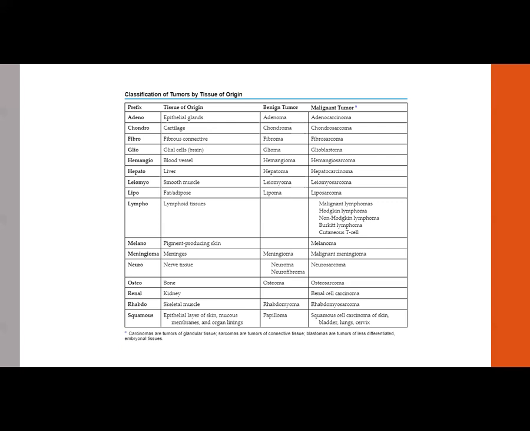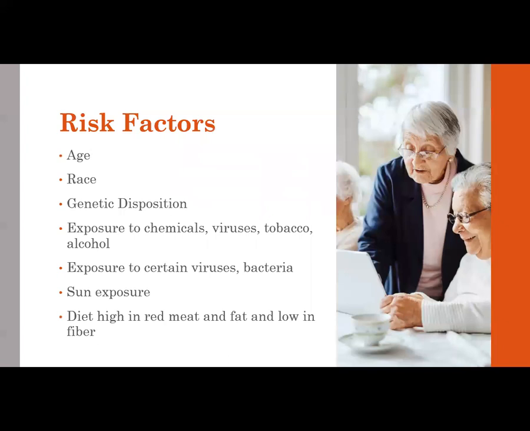Plus, when you're reading through a chart, you can get a better idea: if I've got, for example, an osteoma, that means it is a bone cancer. So I can start thinking about it and preparing myself for what sort of things I want to look for. It just helps in general to know your prefixes, because it makes it easier when you're going in.